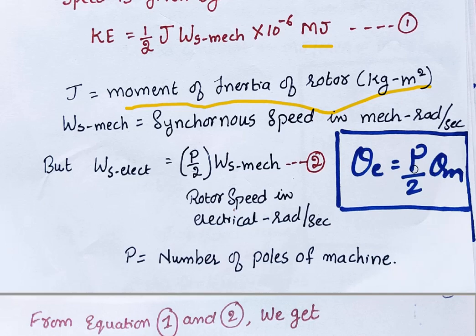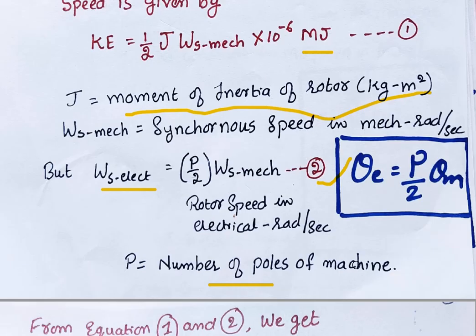In a similar way, here also, instead of theta we take omega S. So omega S electrical equals P by 2 omega S mechanical. This is my equation number 2. This is the rotor speed in electrical radian per second, where P, as I said, is the number of poles of the machine.